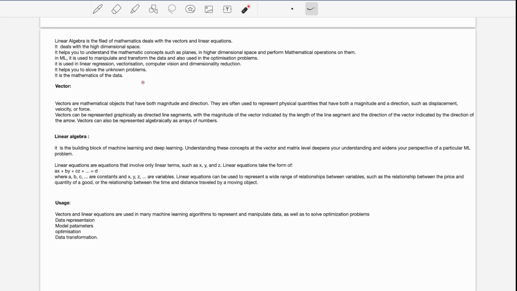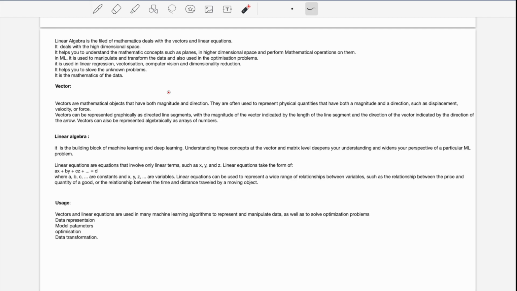In machine learning, it is used to manipulate and transform the data, and also in optimization problems. Manipulate means we simply modify the data the way we want.